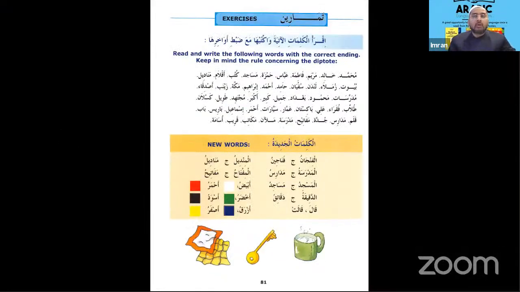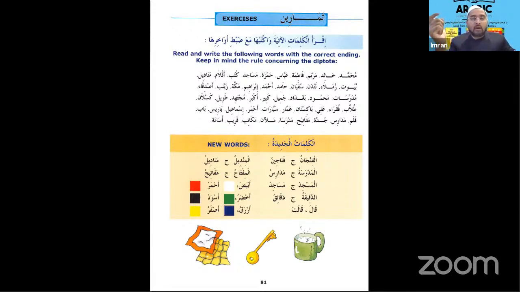Now, you may remember in book 1 in lesson 10 and also at the beginning of book 2, we talked about diptotes. Before I explain what diptotes are, you need to understand that every noun in the Arabic language has 3 states according to its i'rab, meaning its inflection.